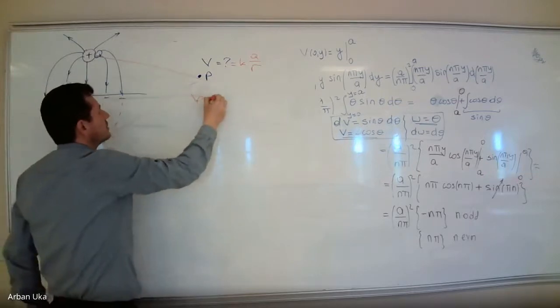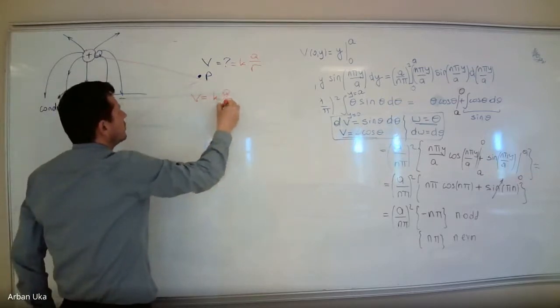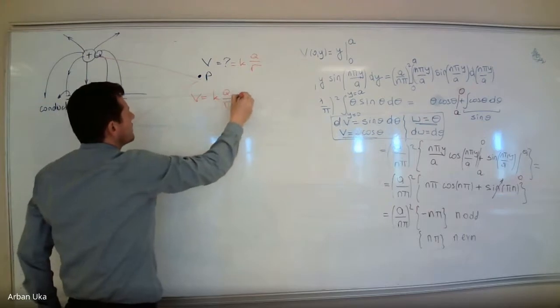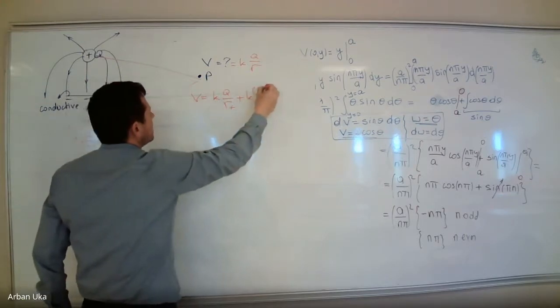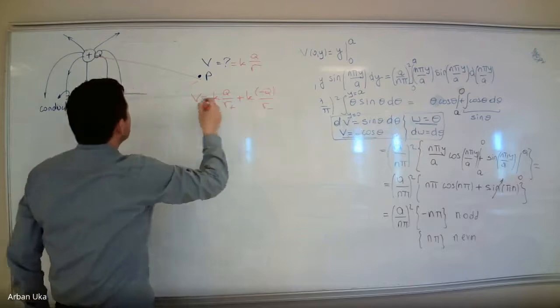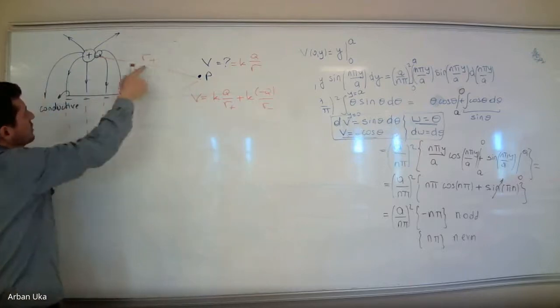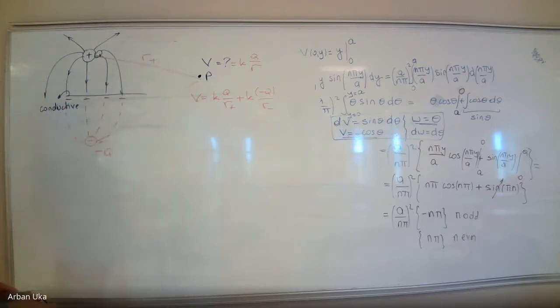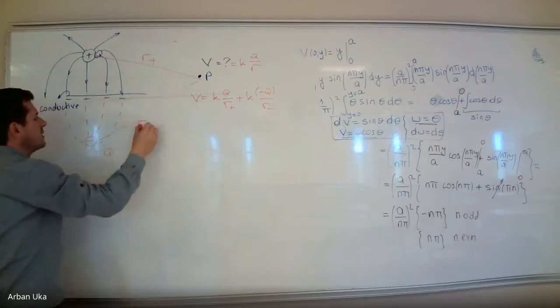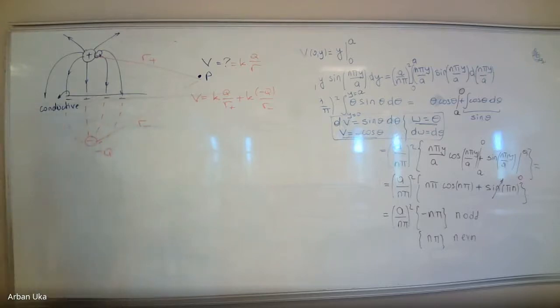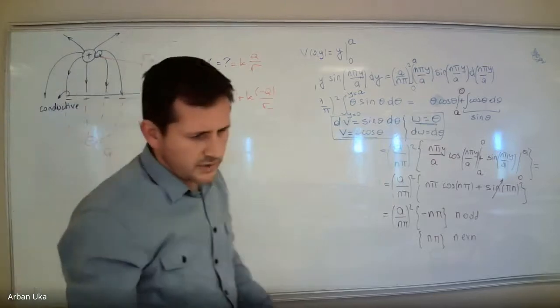Then the potential would be equal to KQ over R plus plus K times minus Q divided by R minus. R plus denotes the distance of the positive charge to point P. R minus denotes the distance from the negative charge to the point P.